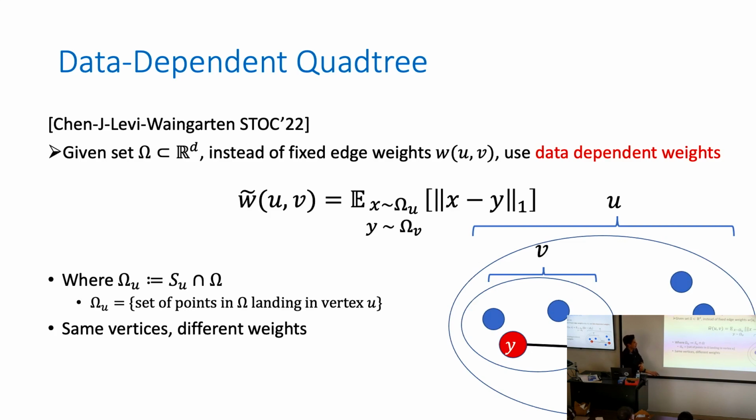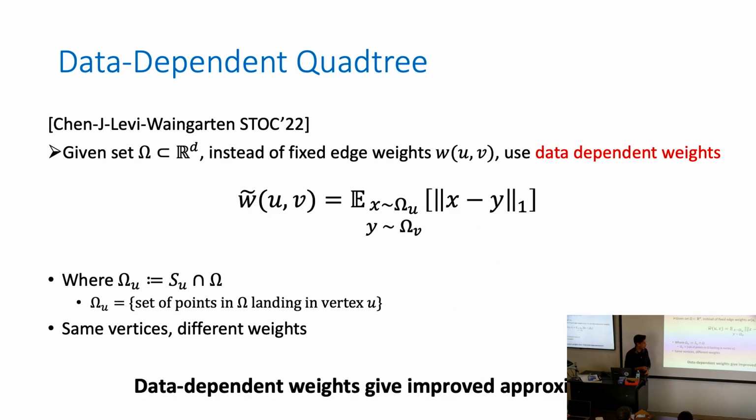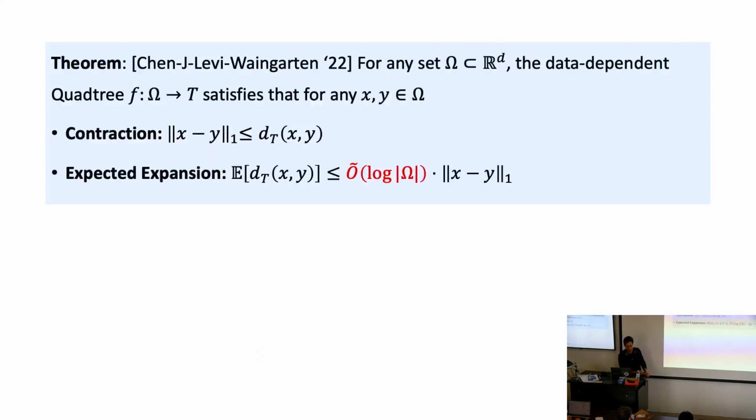And so the main message of the paper from a couple of years ago was that we showed that you can actually get an improved approximation using these data-dependent weights. Just with this change alone, and I'm not hiding anything in the algorithm here. This is the whole algorithm, although the analysis was slightly painful. But we were able to show that for any set omega, if you use this data-dependent quadtree analysis, you get no contraction.